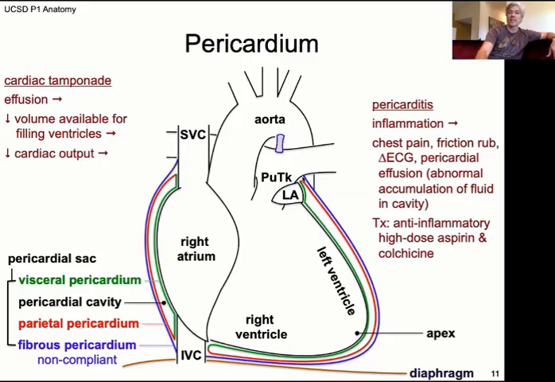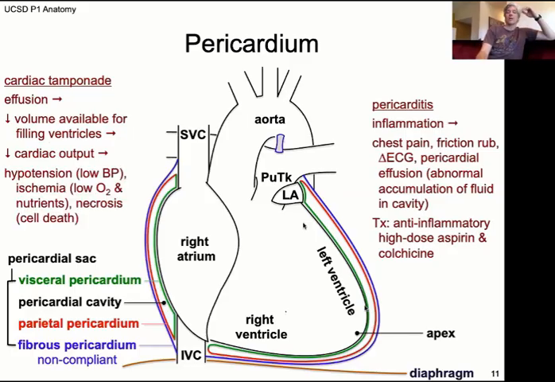The reason for that is this tough outer layer, the fibrous pericardium, that puts an upper limit on the total volume inside this whole space. If you're putting a lot of volume into this pericardial cavity, that just subtracts from the volume that you can use to fill the ventricles. So if there's a severe effusion that decreases the volume available to fill the ventricles with blood, that's going to decrease cardiac output. So less volume of blood in the ventricles. When they contract and squeeze the blood out, you get less volume ejected.